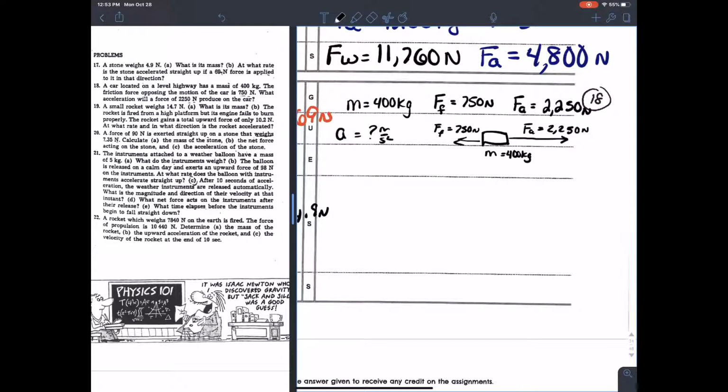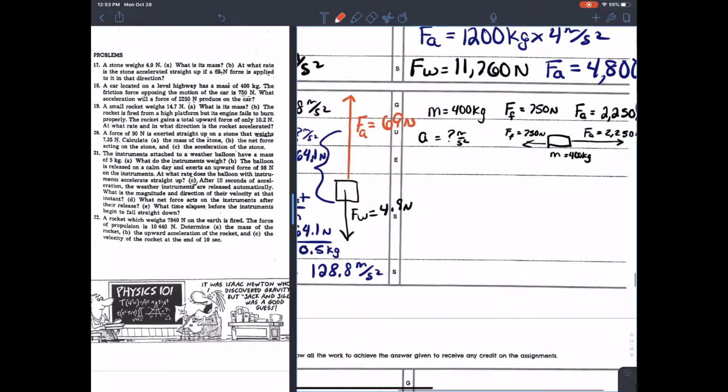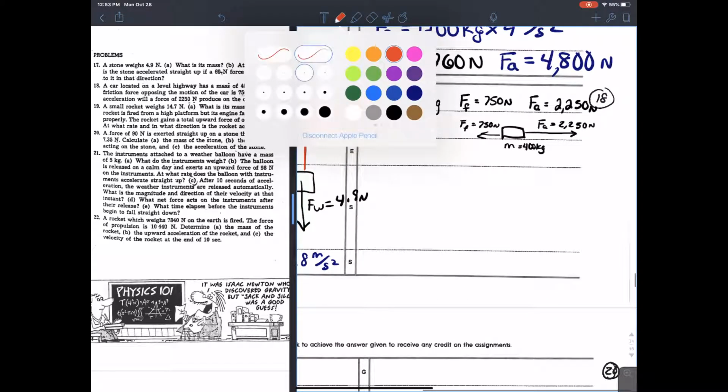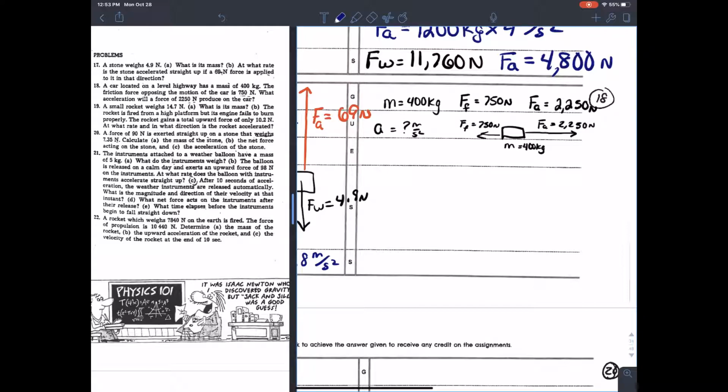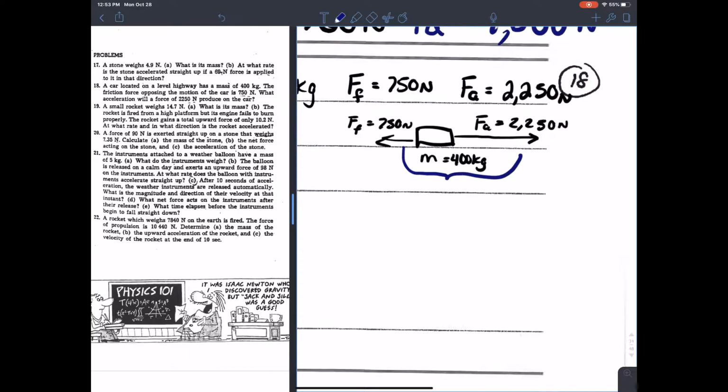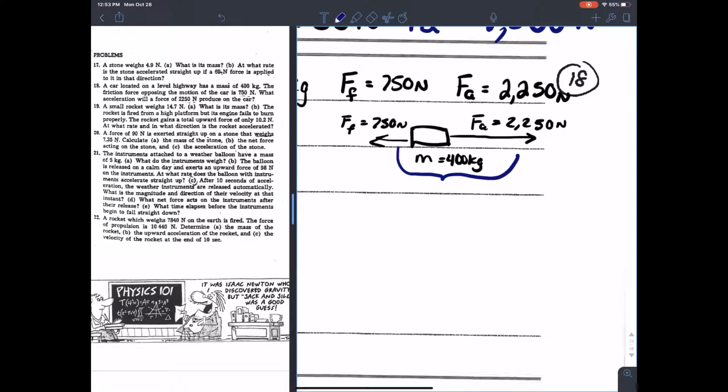Well, we don't have the car moving forward with the full force of 2,250 newtons because you have 750 of that taken away by friction.